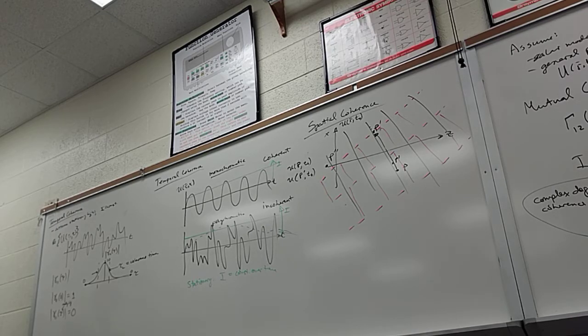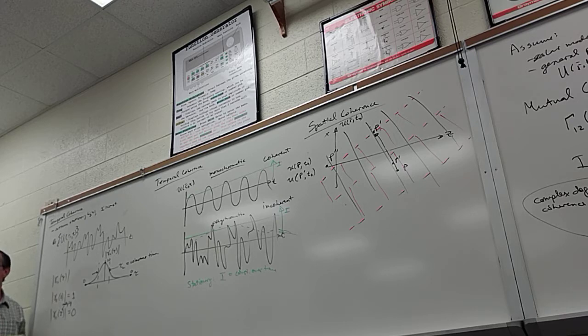So in other words, if we take this light, this field, make a copy of it, and shift it by tau less than about tau c, we're still pretty coherent. If we take it and shift it by, say, 5 times tau c, we're pretty much incoherent.